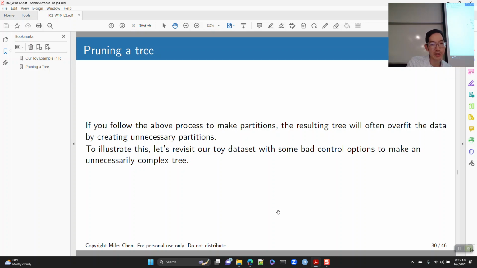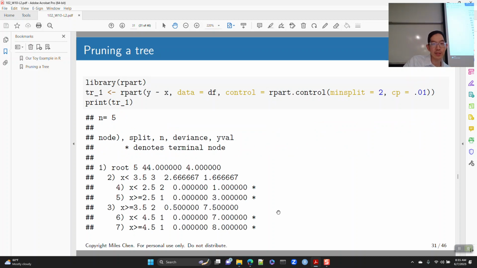You have some unnecessary partitions, and we'll consider removing some of these partitions, okay? And so here, the rpart control is to just make a split basically everywhere. You need just two observations for you to consider a split.